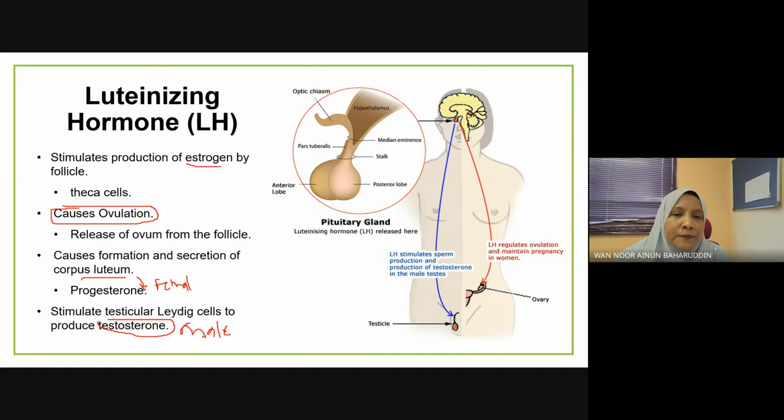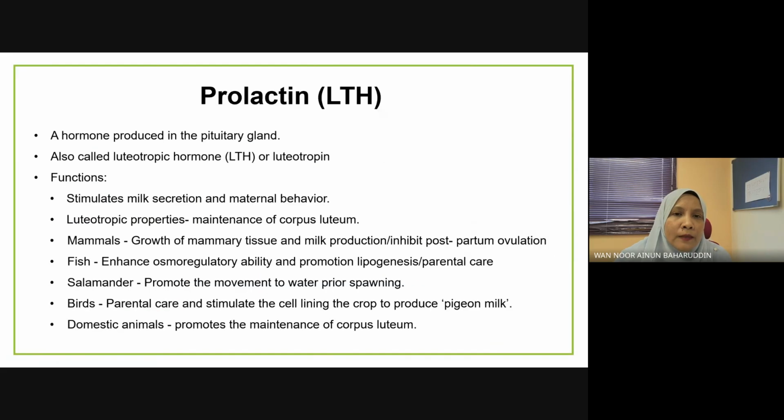Okay, for female, progesterone is high. So why? Progesterone tinggi sebab to thicken, menebalkan the endometrium wall. Then we do have prolactin. Okay, prolactin is also produced in the pituitary gland, the anterior pituitary tadi.